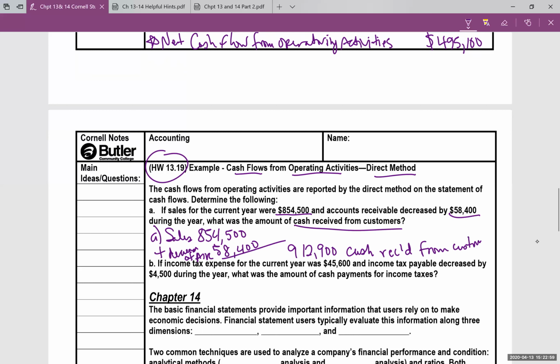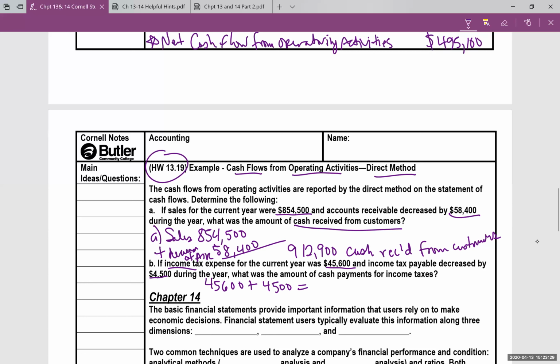And then number two, if income tax expense for the current year was $45,600 and income tax payable decreased by $4,500, so you paid in more income taxes because the payable decreased. In this case, you would add those two numbers together. You would take your $45,600 income tax expense, and then tack on to that plus your $4,500.